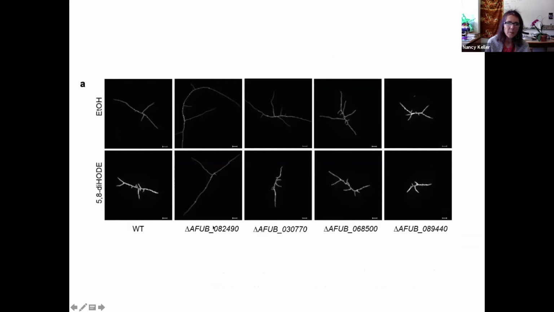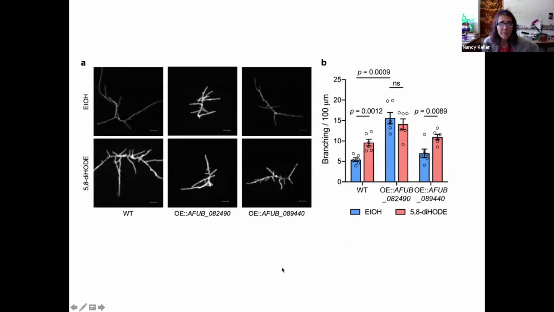And this particular mutant, you can see it was abnormal even without treatment, and it did not respond. It was a hypobrancher, and these were hyperbranchers.